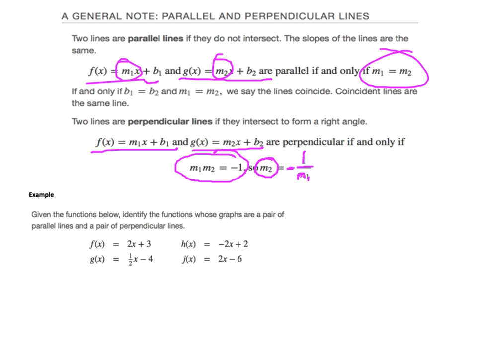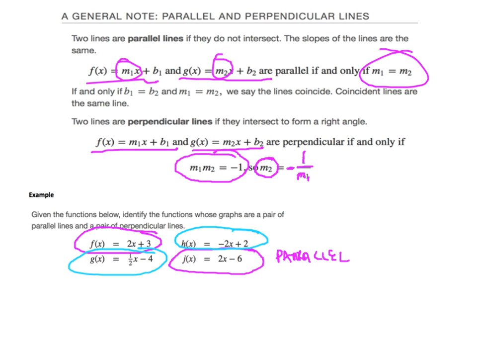Okay, so down at the bottom, it says, identify the functions whose graphs are a pair of parallel lines and the ones that are perpendicular. Well, if I have the same slopes, I'm parallel. If my slopes are opposite signs and reciprocals, then I'm perpendicular.